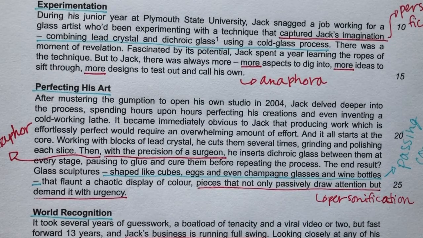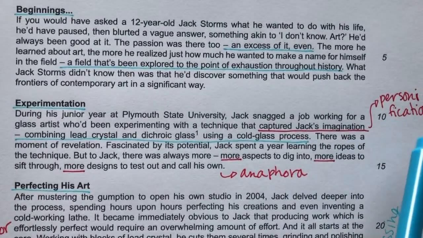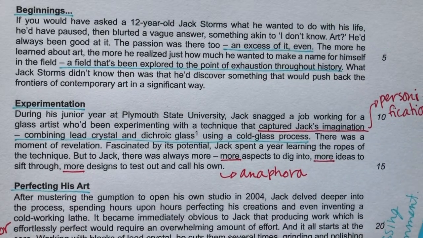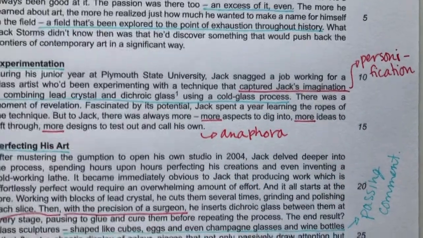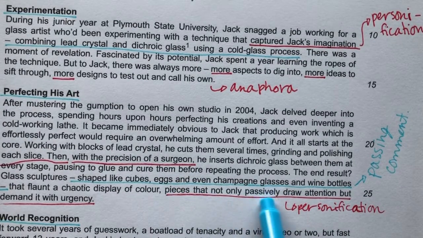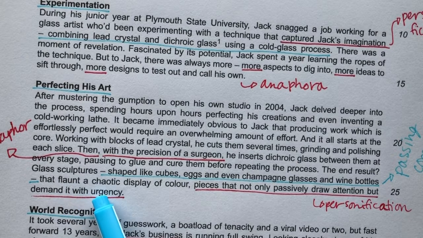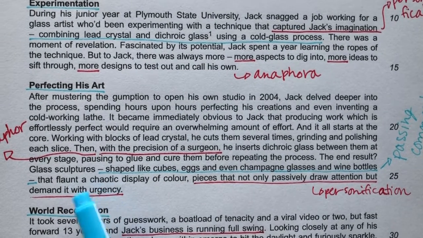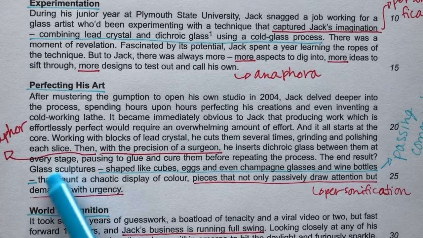Okay, and next thing that we can point out, we have personifications, figure of speech, right? Pieces that not only passively draw attention but demand it with urgency. Okay, so this is a human quality, characteristic, being demanding.